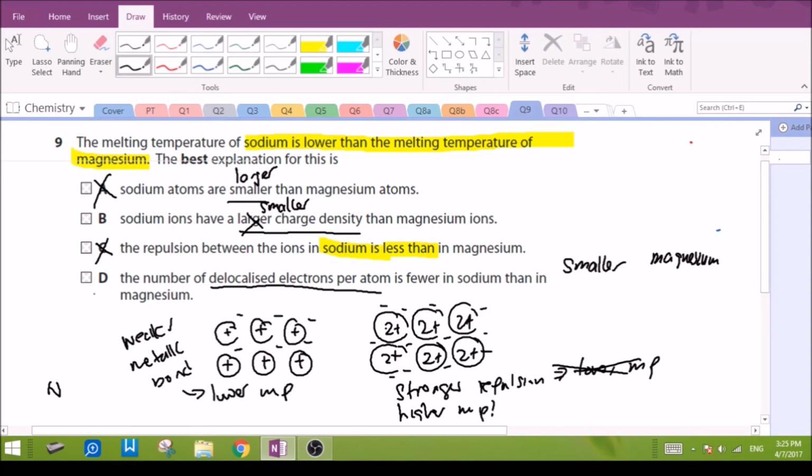So D is the answer that we are looking for. It is true that there is stronger repulsion between the magnesium ions, but having more delocalized electrons more than compensates for it, causing it to have an overall higher melting point.